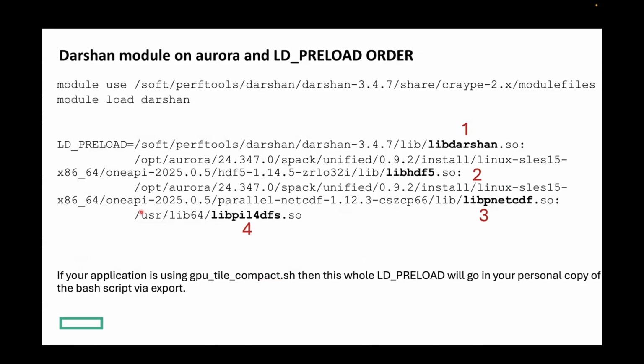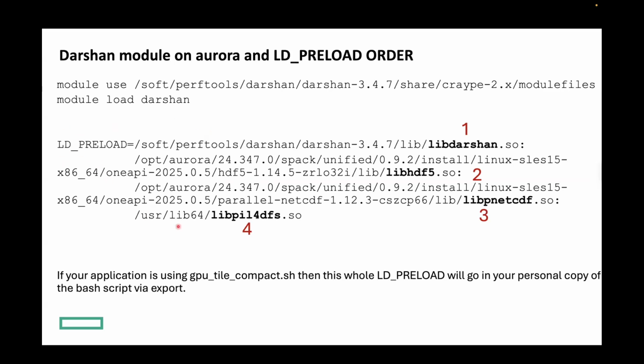In case you have multiple libraries on top of DAOS, such as HDF5 or NetCDF, the ordering is important. You first LD_PRELOAD Darshan, then HDF5, then NetCDF, and then the DAOS interception library. So all of this is captured at the higher level.